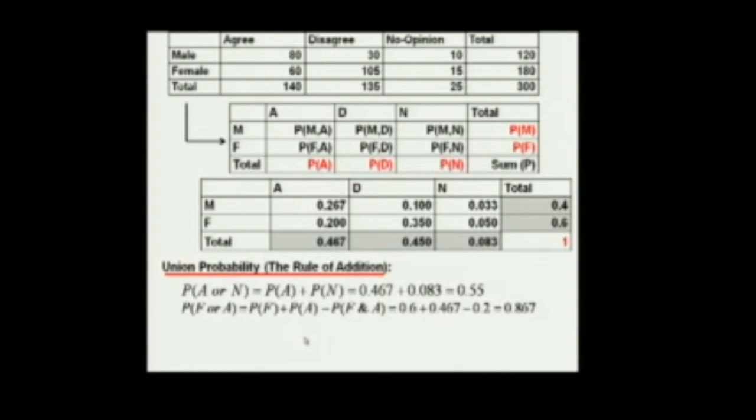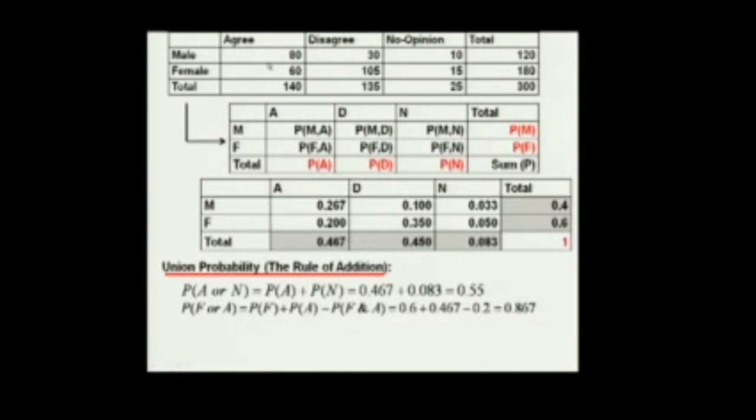If we say P female or agree, now we have an overlap here. You could be a female and agree, but you could also be a female and disagree. So what we have here is P(F or A) is P(F) plus P(A) minus the overlap of F and A. Now P(F) is the female, which is the 180 divided by 300, which is this value here, 0.6.